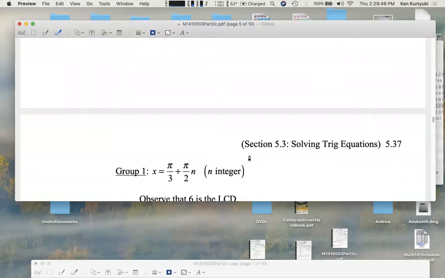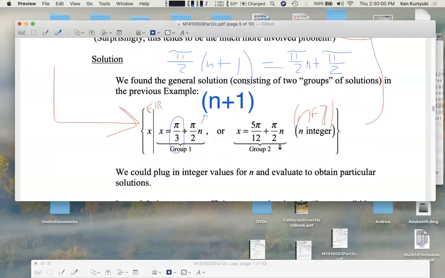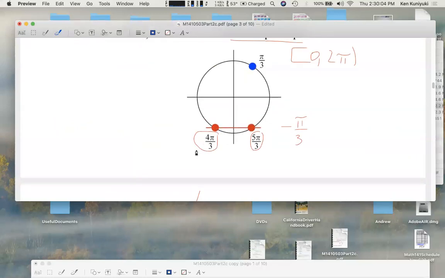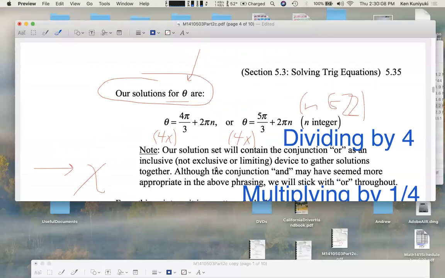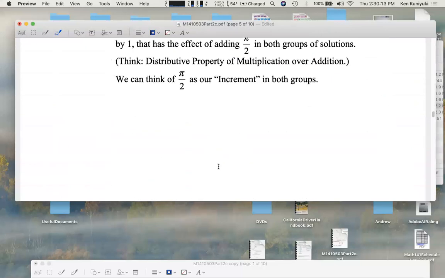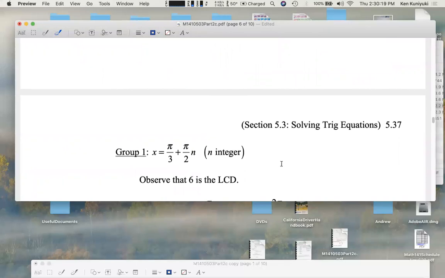All right. Group 1. Remember, group 1 consisted of these solutions. These were all the real solutions that corresponded to what came from this point over here. And then remember, we had to divide by 4. We basically take this and divide by 4. All right, group 1. We could plug in n equals 0, 1, and so forth, but let's do it faster.